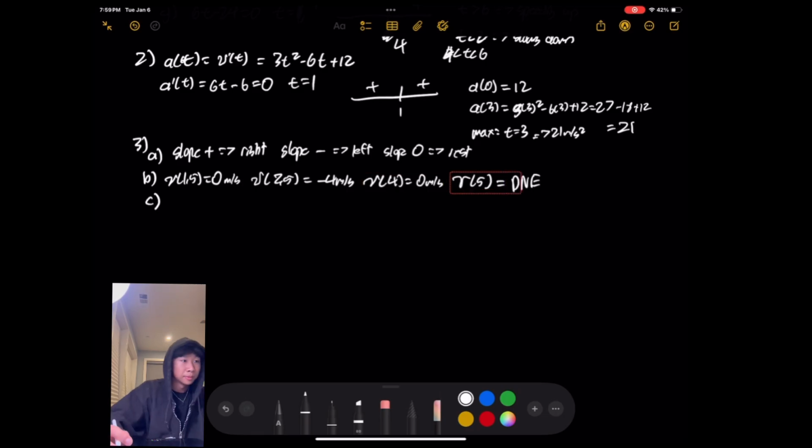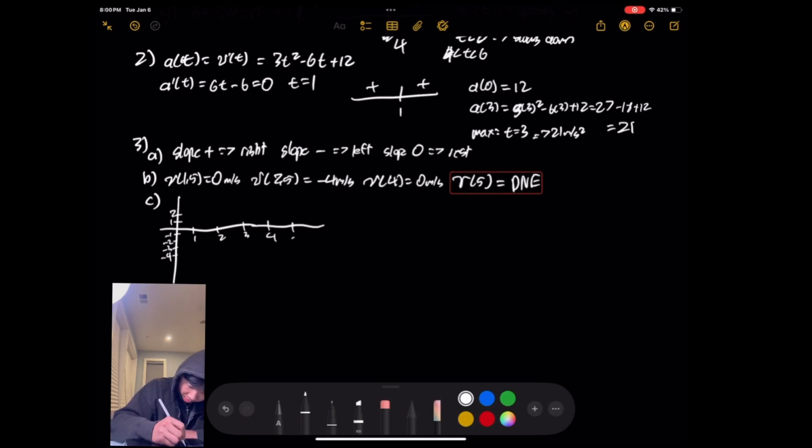C. We're on C now. Graph the particle's velocity. More graphing. This one's important. So for the velocity, you're just going to graph all the slopes. Very easy. We're going to have 1, 2, 3, 4, 5, 6.